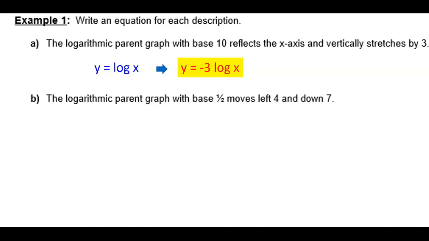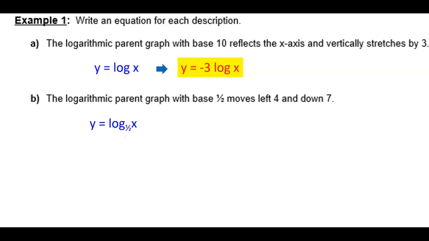Now, what about the next one? The logarithmic parent graph, base 1/2. Okay, so now we're going to have a little 1/2 as our little base here. Y'all see that little base 1/2? Right here. Okay. All right.